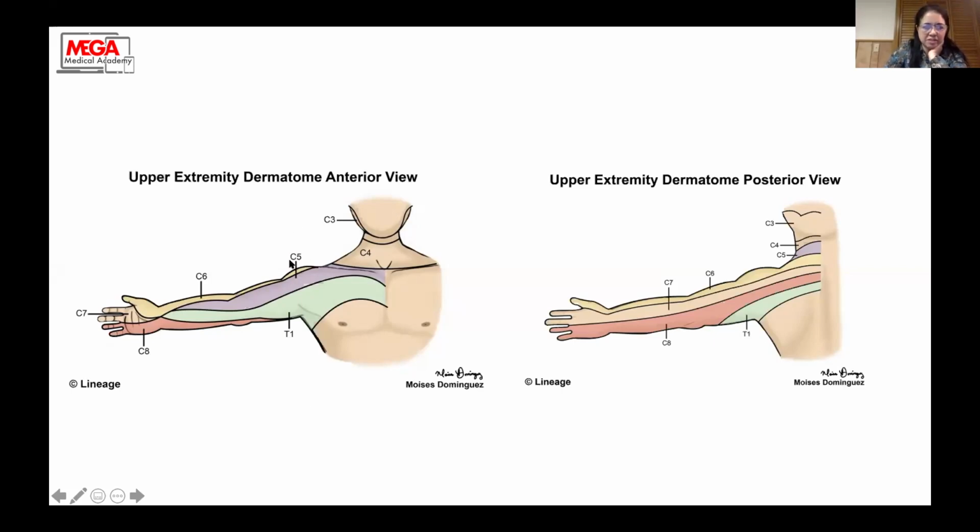C5 is the top of your shoulder, C6 is your thumb, and C7 is your fingers here, and C8 is your small little finger, and T1 is the axilla. And a very well-known sign: if you give a patient a spinal anesthesia, especially in obstetrics, and they tell you my index finger is numb, this means that your level has reached C6.